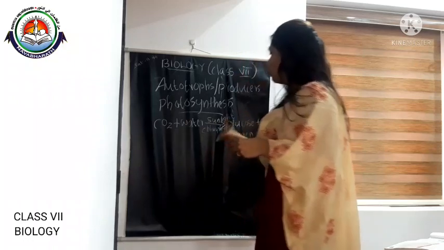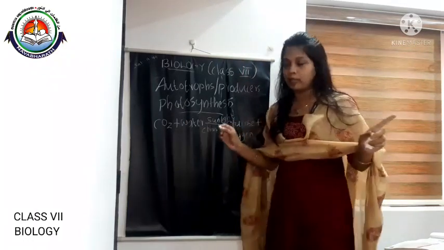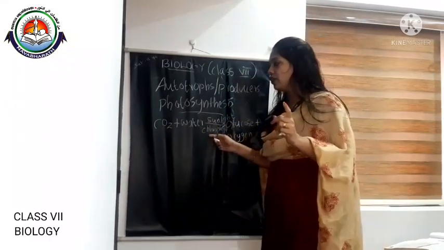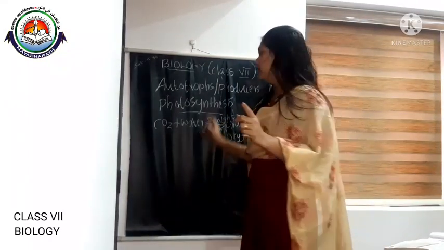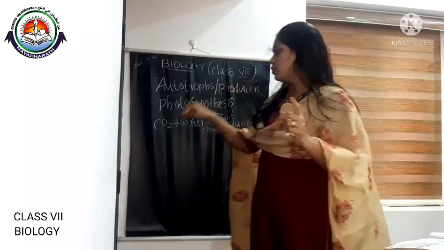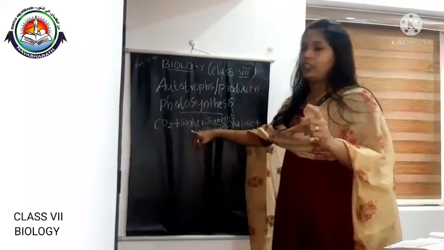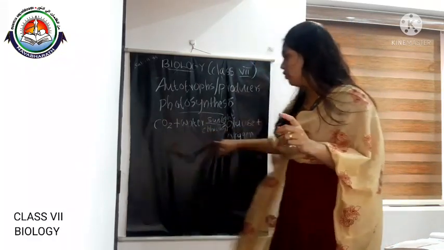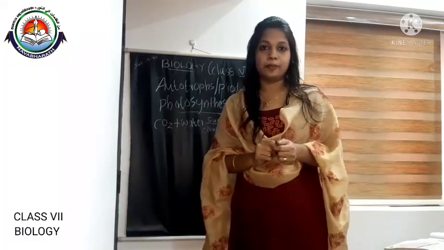Without sunlight and chlorophyll, photosynthesis does not take place. So with the help of sunlight and chlorophyll, plants prepare glucose by using carbon dioxide and water, and release oxygen. This is the process of photosynthesis.